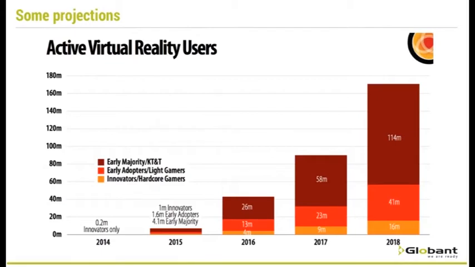Here, again, this is some projection. It's not numbers that we can trust. But again, it shows some progression over the next year on how active virtual reality users will be adopting the technology in three different groups: the early majority, the early adopters, and the innovators.